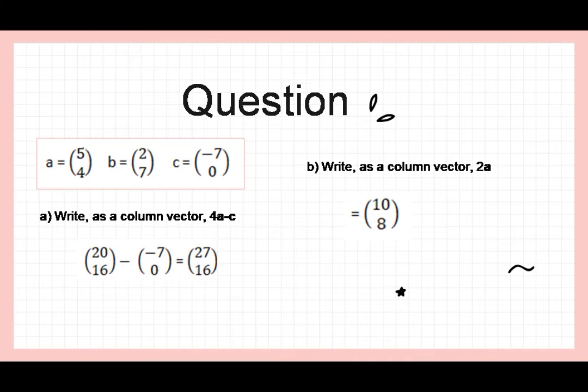After that, we subtract (-7, 0), and the final answer is (27, 16). For point B, we just need to multiply vector A, that is (5, 4), by 2. The result is (10, 8).